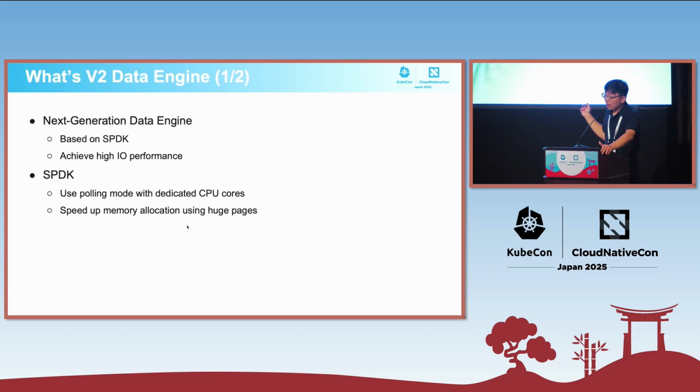It means you have 100% CPU core usage when you're using the V2 data engine. And in addition, SPDK needs huge pages, so we don't rely on the Linux kernel's memory allocation and deallocation. The memory is managed by SPDK internally.